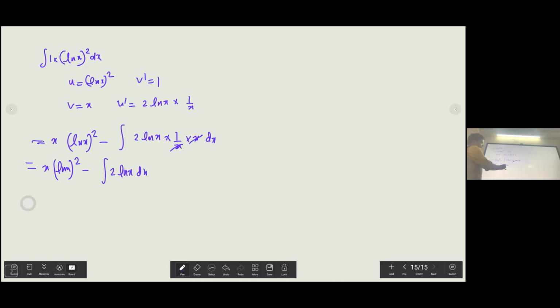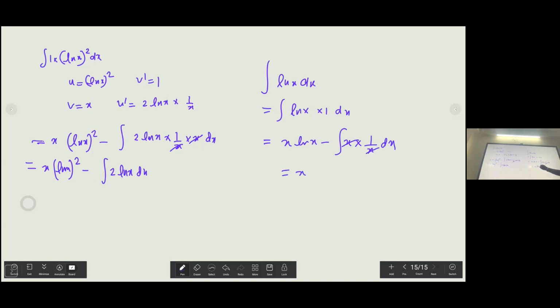Now, once again, the trouble here is that you don't have the integration of ln x. So when you do the integration of ln x, ln x can be written as ln x times 1. So this can be written as x ln x minus integration of x into 1 upon x. So this cancels and we get x ln x minus x. So this is by parts again, parts within parts.